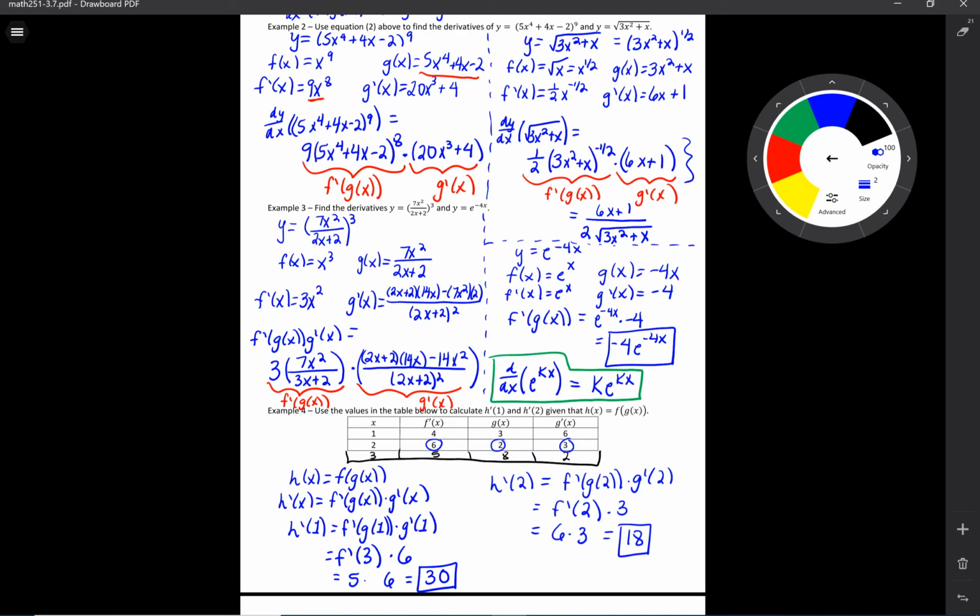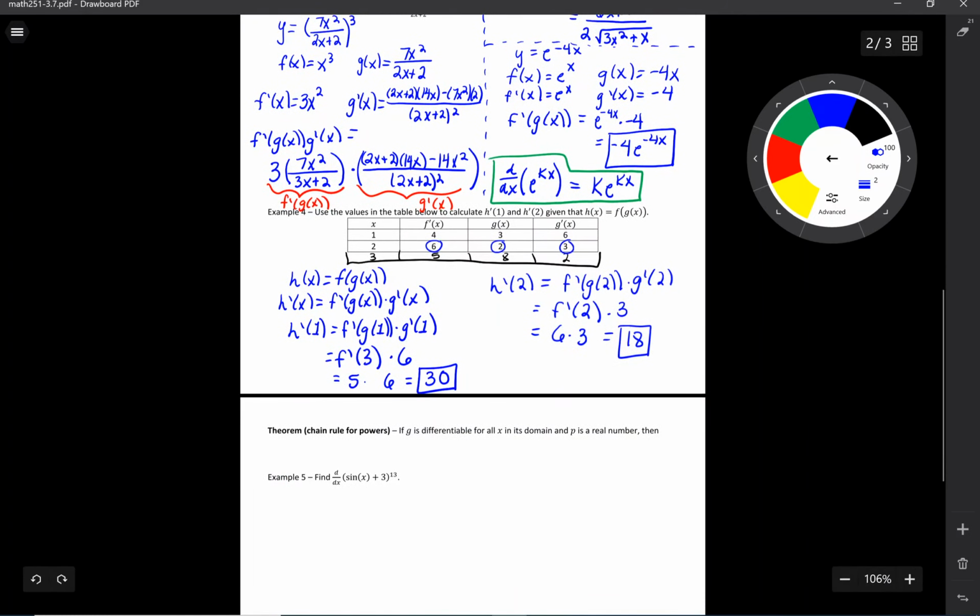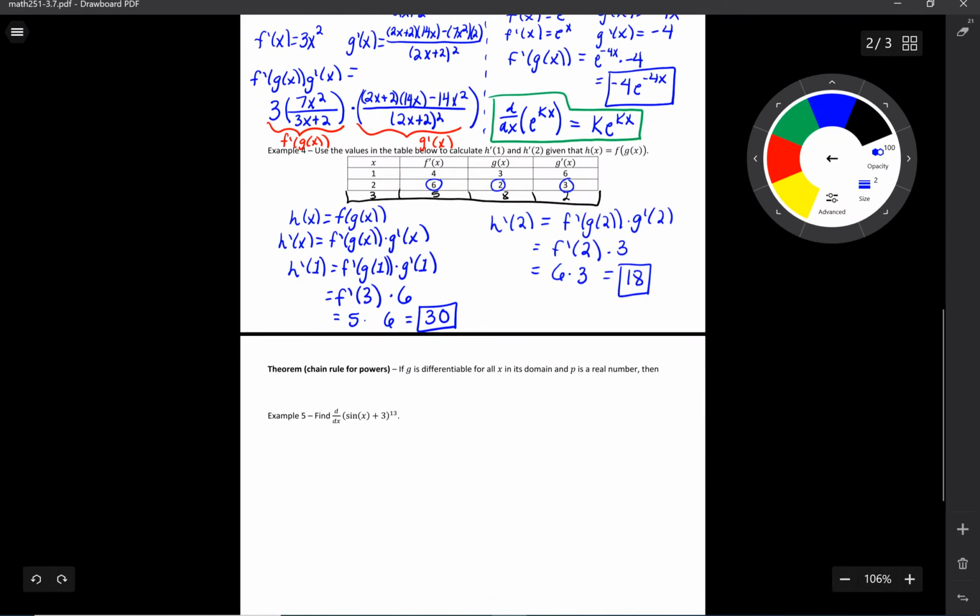All right, so we have one more theorem that we've already seen today, actually, and one more example. This gives us an easier way to use the chain rule if I have a power function.